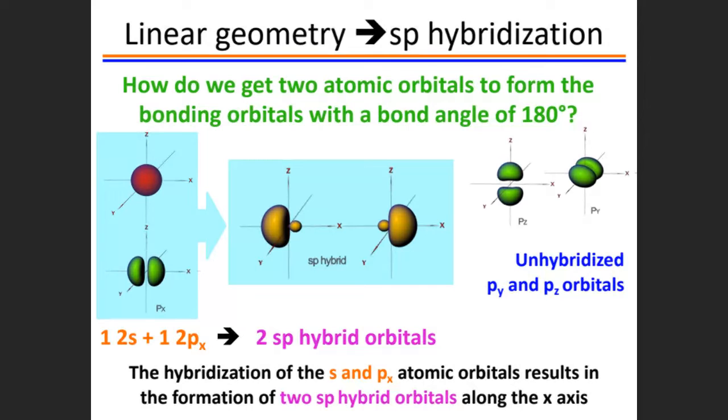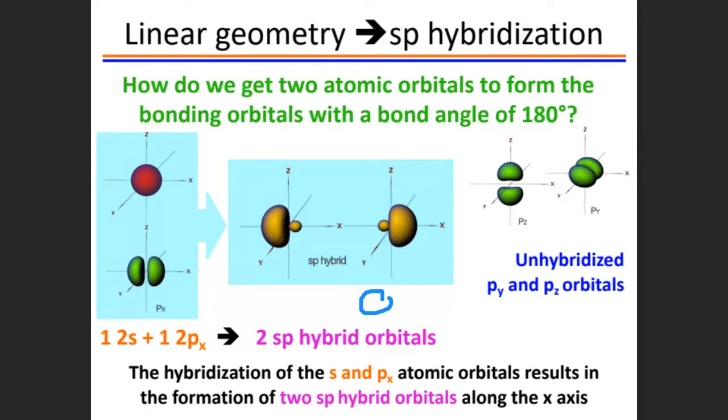Here we show how we get 2 atomic orbitals to form the bonding orbital with a bond angle of 180. Here we have the unhybridized py and pz orbitals, and here we have the sp hybrid. So actually what happens, let's consider this is s. Let's take another color.